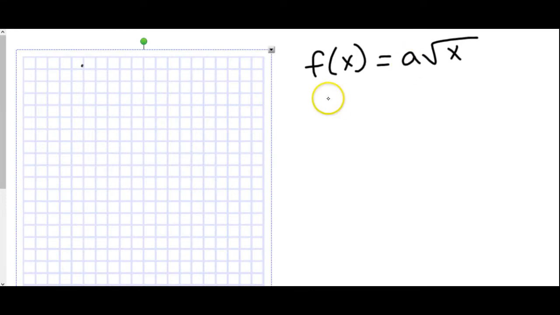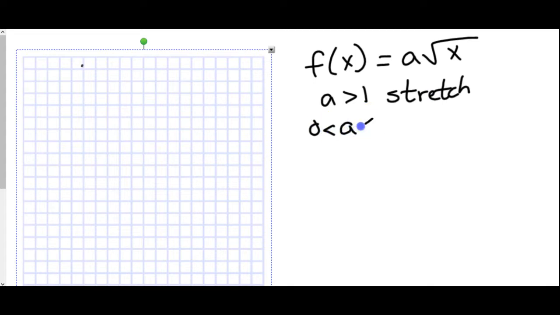So if A is bigger than 1, that means we have what's called a stretch. If A is between 0 and 1, basically if it's a fraction smaller than 1, it's a shrink.